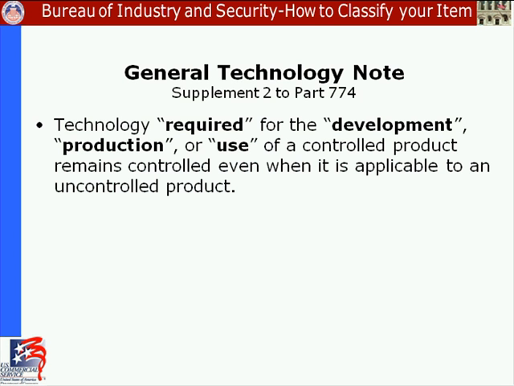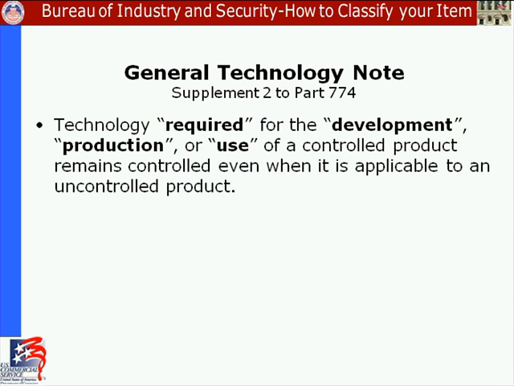I should repeat, not because you don't understand, just because it's important. Technology required for the development, production, or use of a controlled commodity or hardware is also controlled, even if the technology is applicable for uncontrolled products. So most technology is controlled based on the General Technology Note.